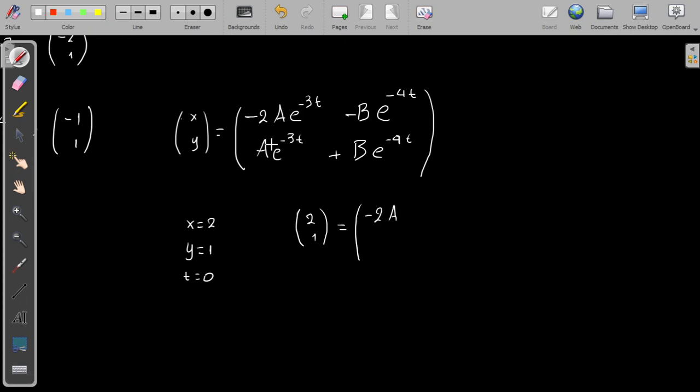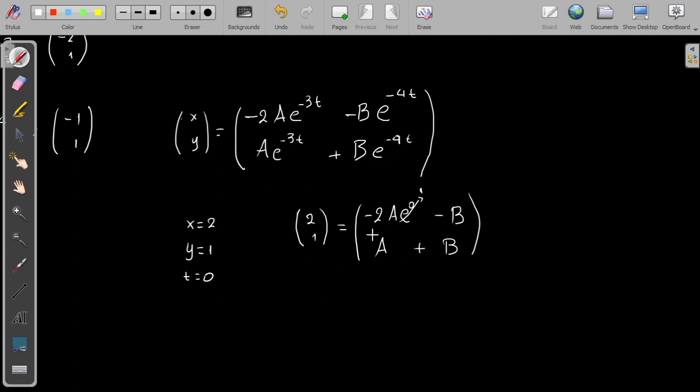Now my purpose is to find how much a and b are. A e to the power of 0, which is 1, minus b, again this is 1, a times 1 plus b. All of them have the value 0, so e to the power of 0 is 1.